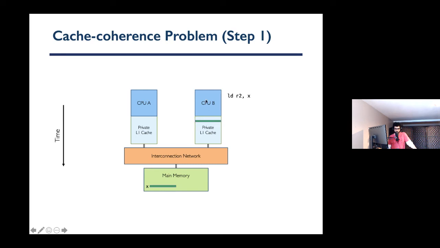So let's say initially CPU B loads this address to read it. So CPU B first acquires the lock, reads that, and it's done. Then it unlocks the mutex. And then let's say thread A this time acquires the lock, reads the data.